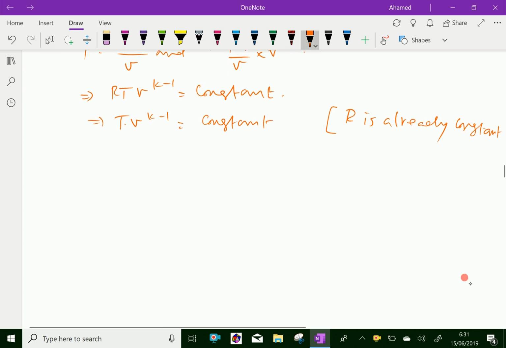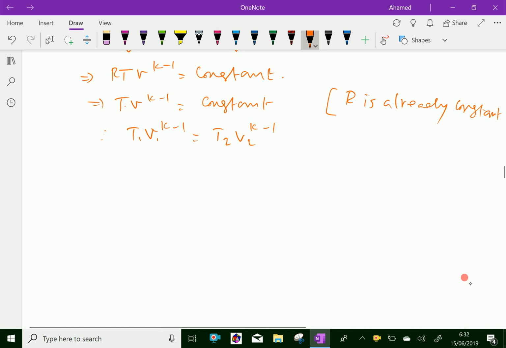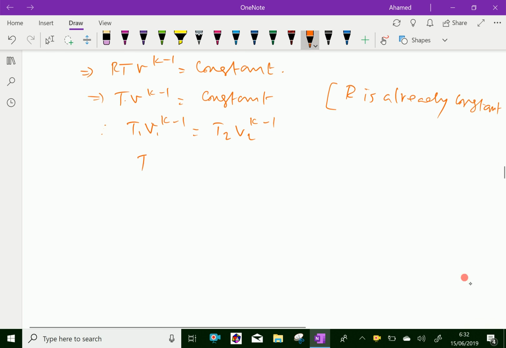From that, therefore we can reach T1 V1 power K minus 1 equal T2 V2 power K minus 1. From that we can get T2, that is the final temperature of the gas, equal T1 into V1 by V2 power K minus 1.